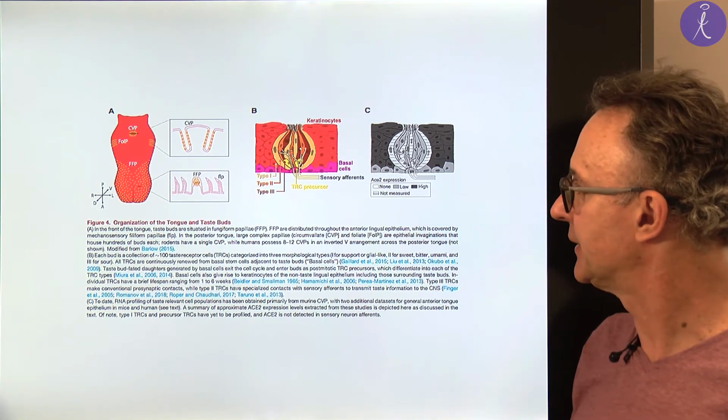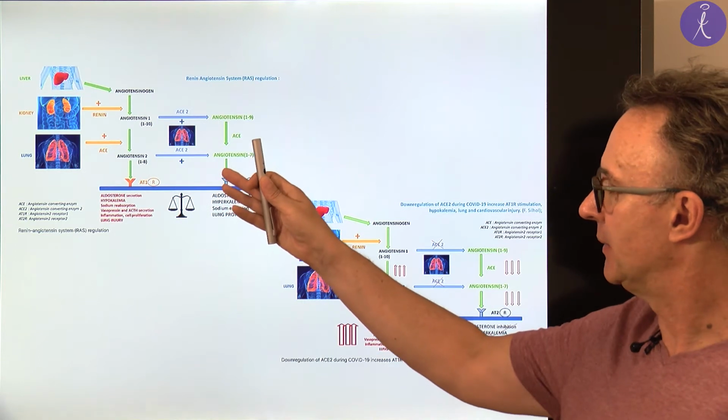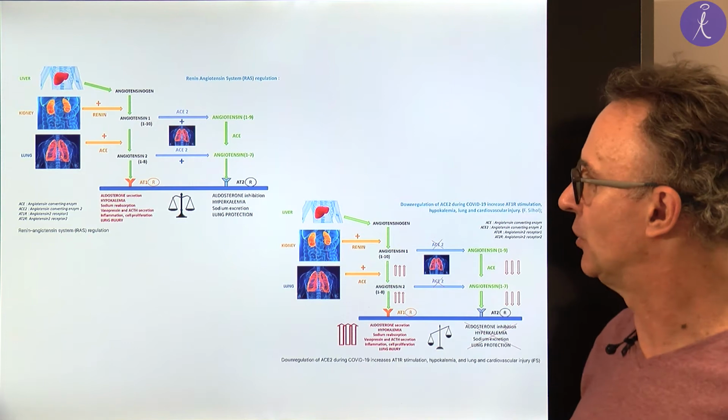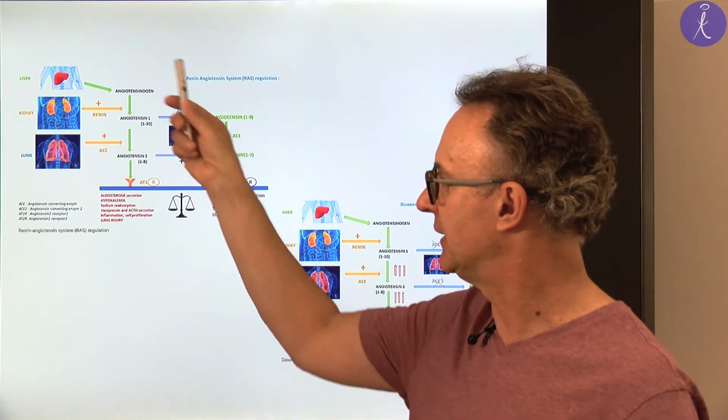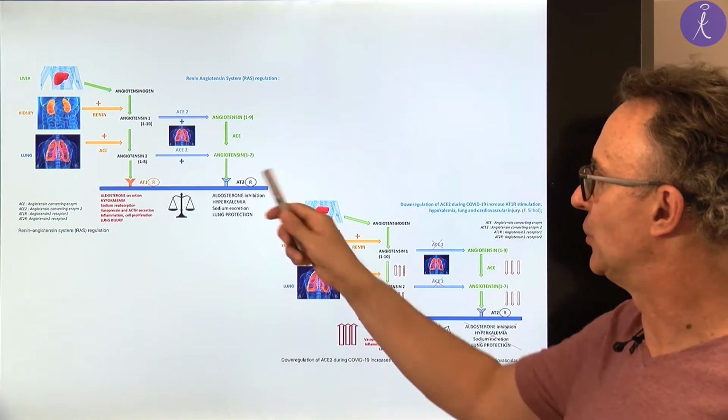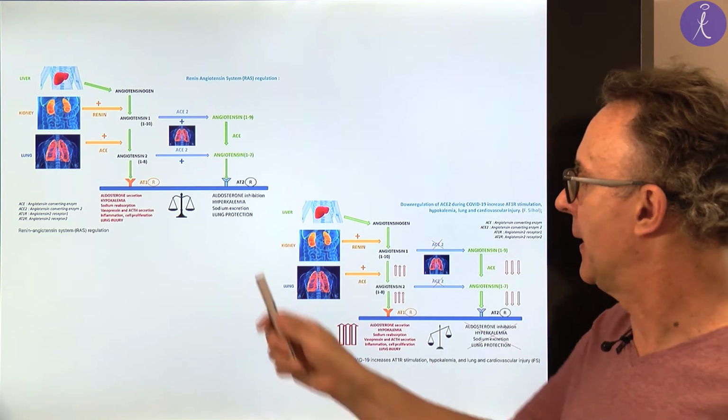smell loss. In the background, we have the function of the ACE2, the angiotensin converting enzyme 2. As I mentioned, this is normal function, and that's why we have a nice balance between the two angiotensin types and enzymes.